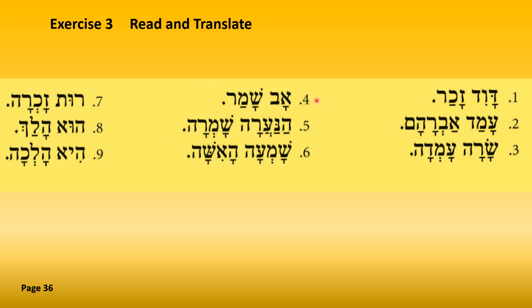Number 4, Av Shamar. Number 5, Hanara Shamara. Number 6, Shama'a Ha'isha. Number 7, Ruth Zachara. 8, Hu Halach. Number 9, He Halacha.